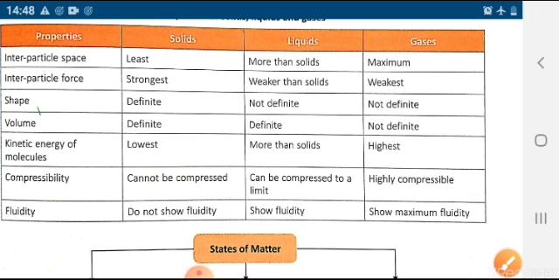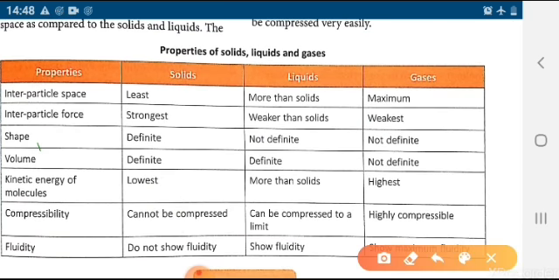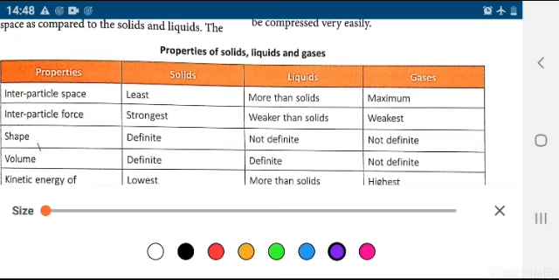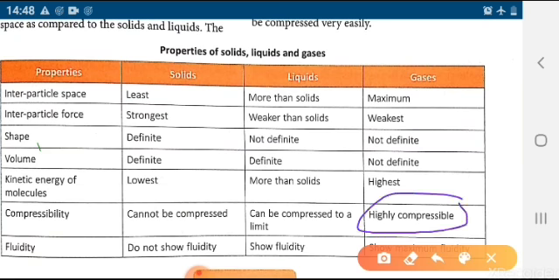Compressibility, solid cannot be compressed, whereas gases are highly compressible, and it is only because of lesser intermolecular force of attraction in gas molecules.